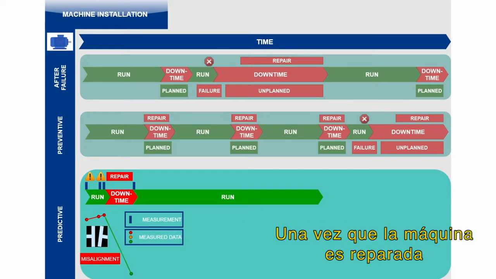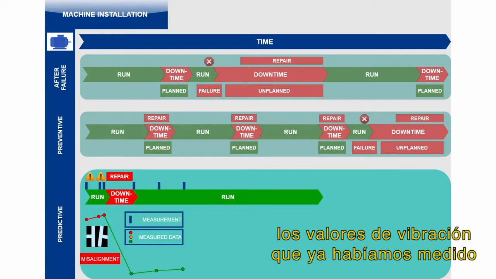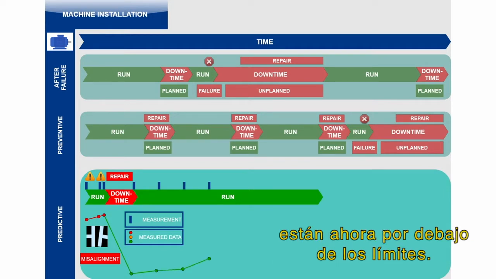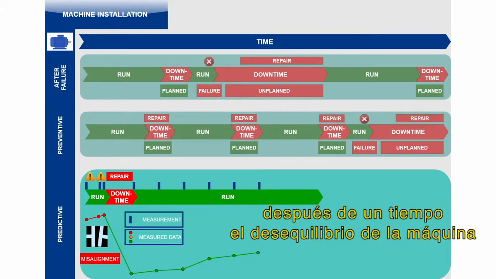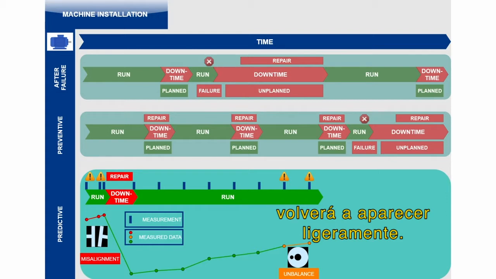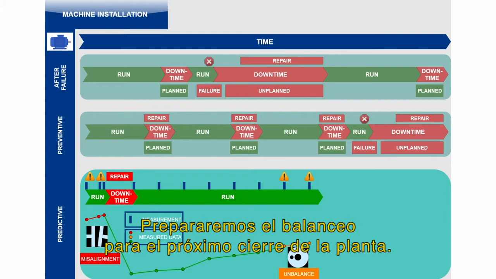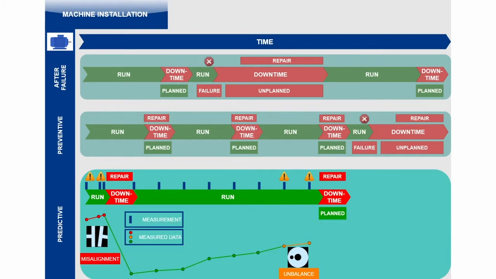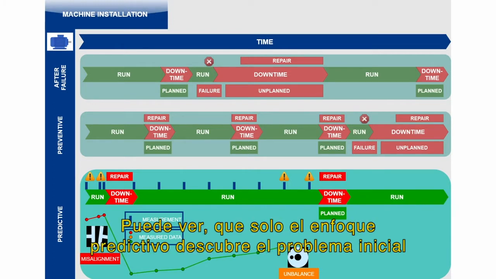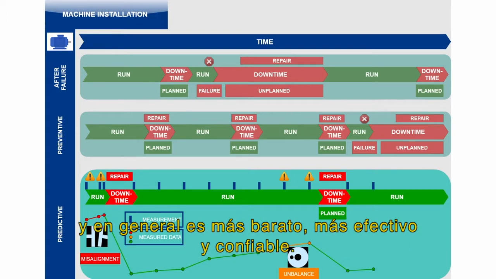Once the machine is repaired, the vibration values that were already measured are now well below the limit. After some time, the machine's unbalance will begin to appear slightly. We prepare balancing for the next factory downtime. You can see that only the predictive approach discovered the initial problem, and overall it is cheaper, more effective, and reliable.